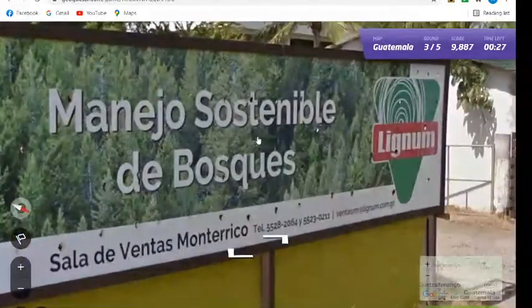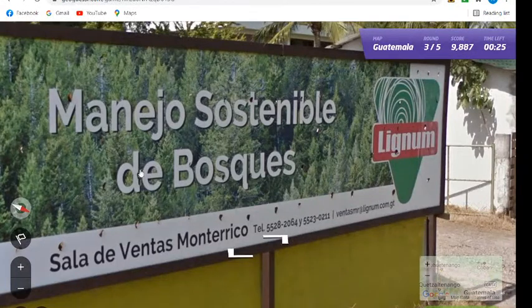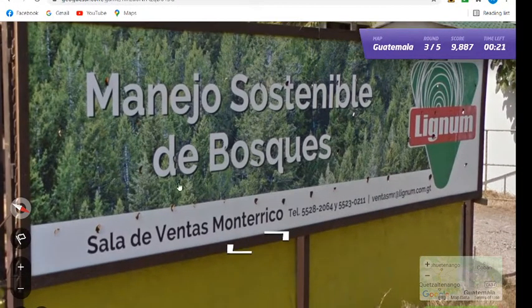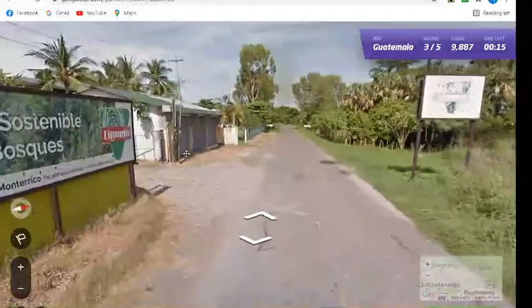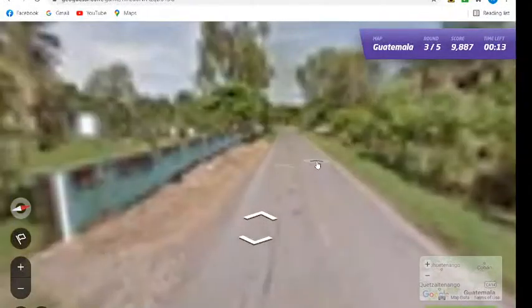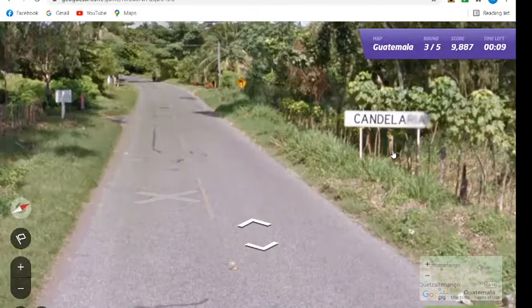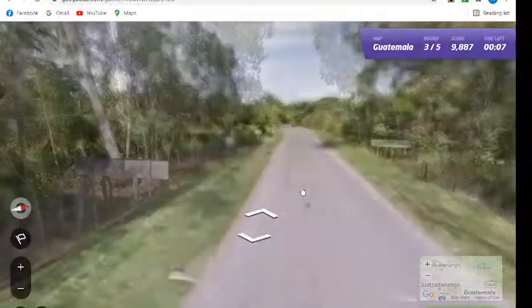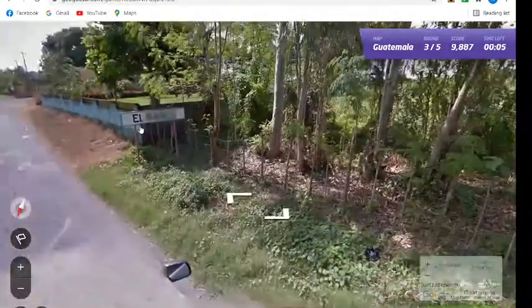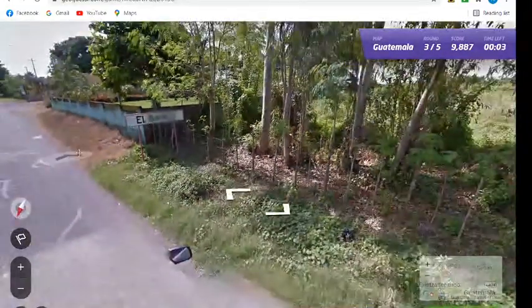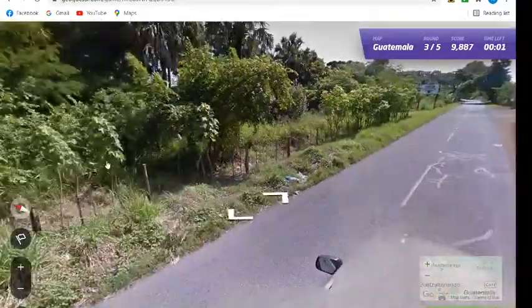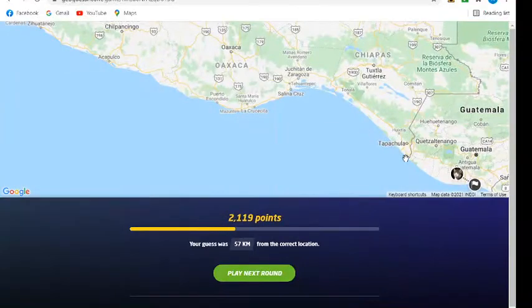We have Manejo Sostenible de Bosques. Let's see, Sustainable Forest Management, Sala de Ventas, Monterrico. Okay, so Monterrico might be our location. Candelaria. Okay. And then in the other direction, El Banco. So we must be on the border between Candelaria and El Banco.